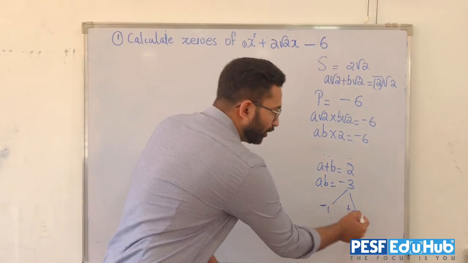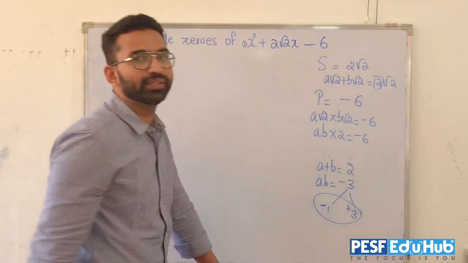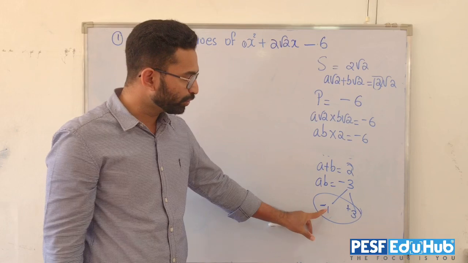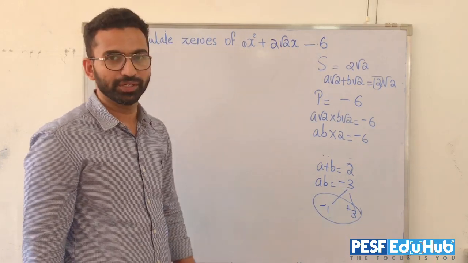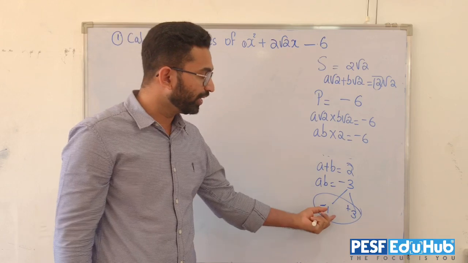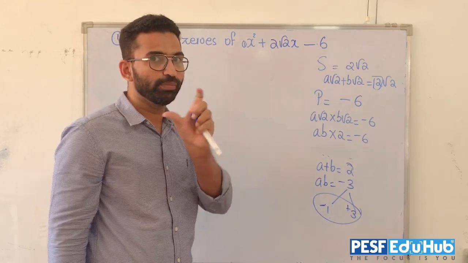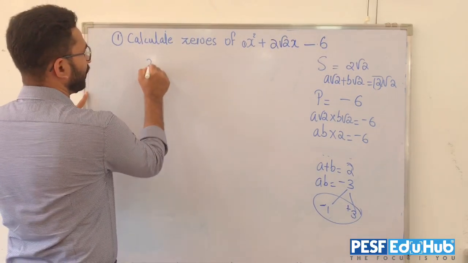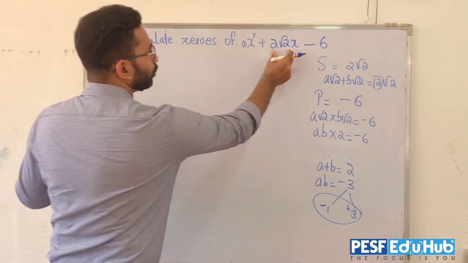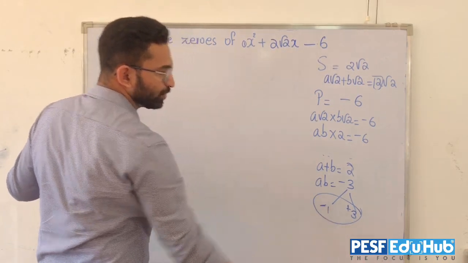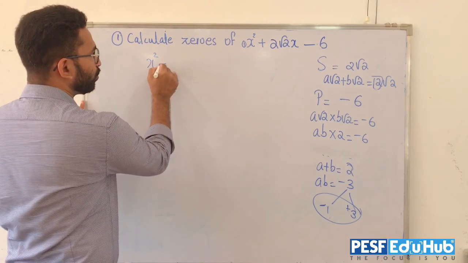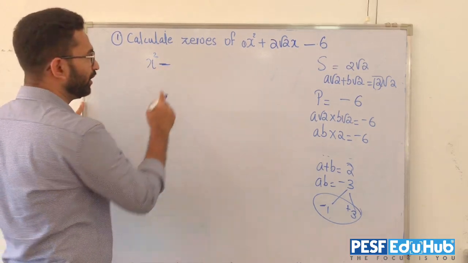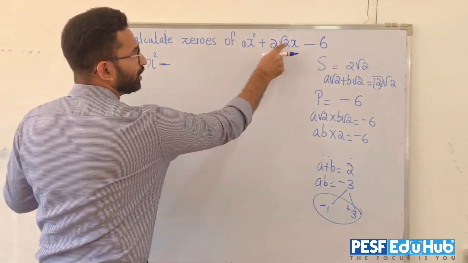So what are your numbers? That is minus 1 and plus 3. So in terms of minus 1 and 3, I have to split this particular middle term. But when you write down the splitting, you should be very careful. I will show here. X square, 2 root 2x, I have to divide in terms of minus 1 and 3. So minus 1 means I don't have to write 1, but I should write 1 root 2.